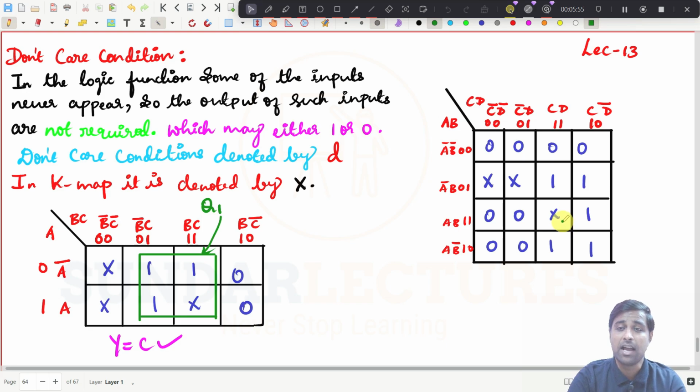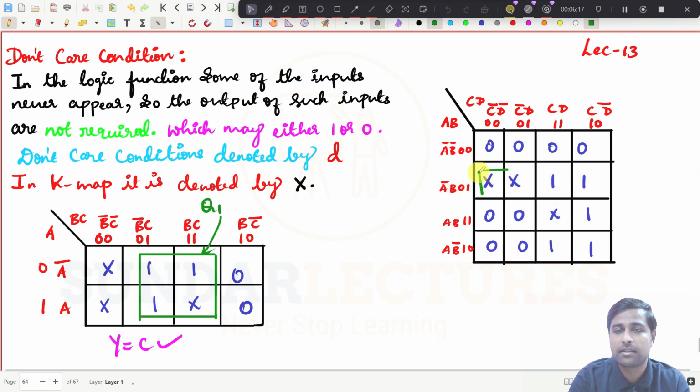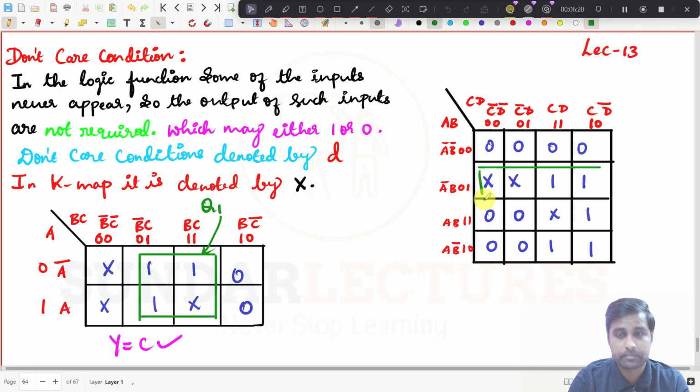See, try to understand. There is no exact answer required in the K-map simplification. There is no exact answer. Only how many quad and octet or pair possibilities are there. That's all. For example, if I output the expression, maybe I will do this one. See here, what I can do now, I can consider this as a quad, right?